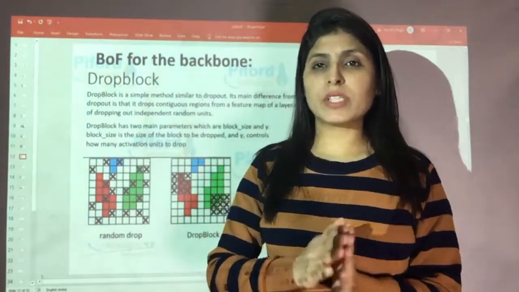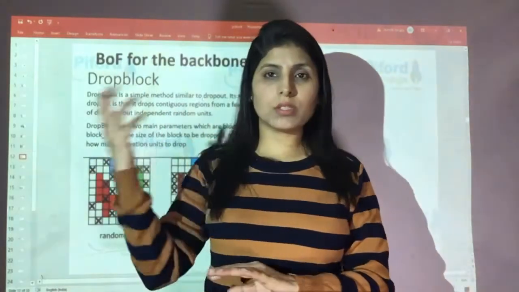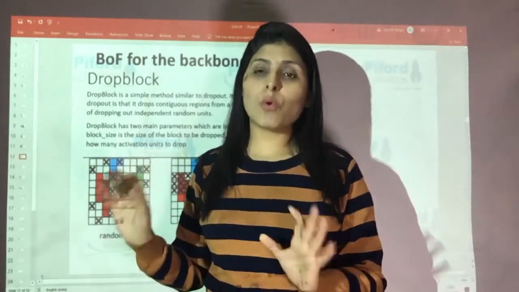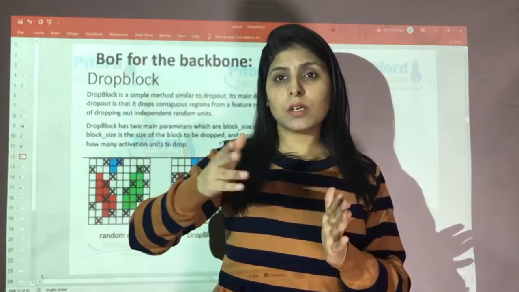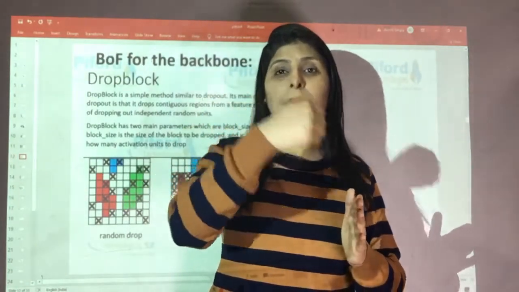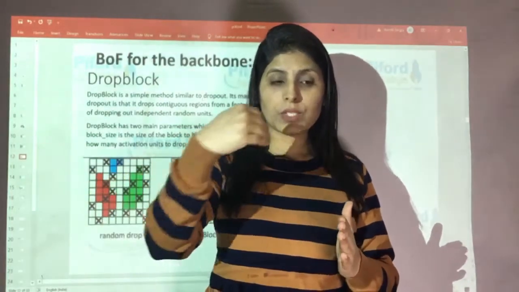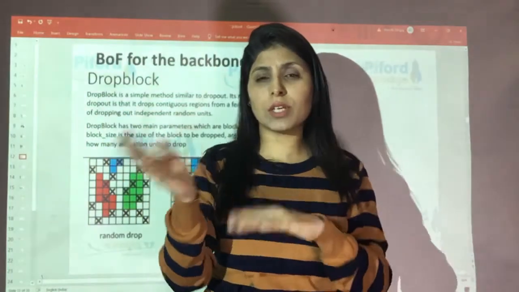Now what is DropBlock? See, DropBlock works like dropout. The way dropout works, DropBlock works in the same way. The only difference is dropout drops or removes pixels which are in a continuous manner, let's suppose 2 pixels that are one after the other.